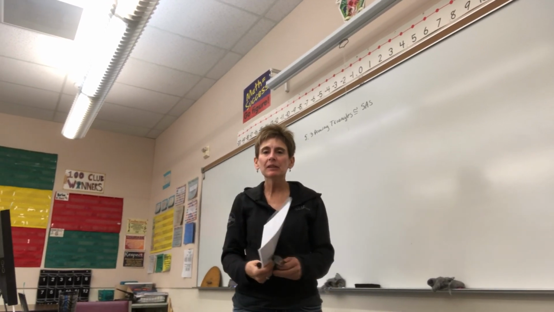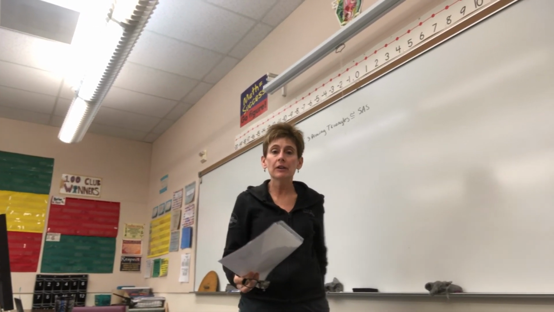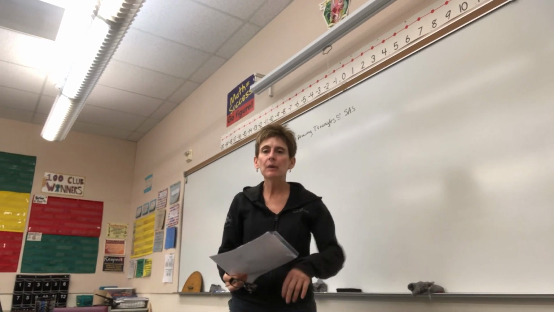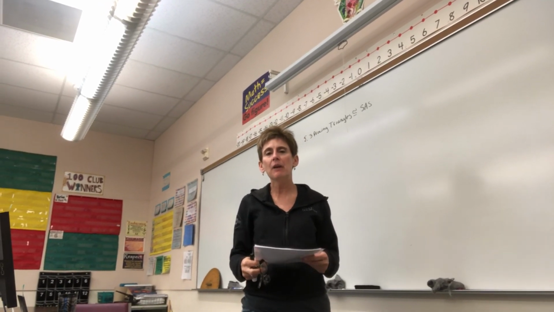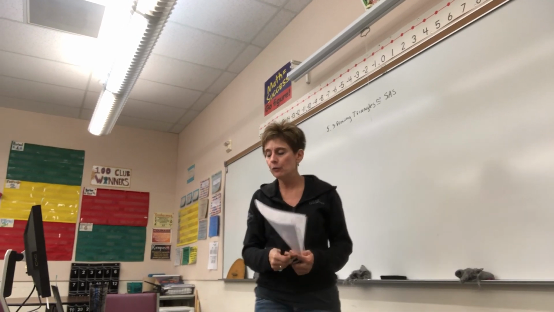Now, I know this might be a little bit stressful for you because we are doing proofs in Chapter 5, but I wanted to encourage you that I'm going to do everything I possibly can to make it easier for you.